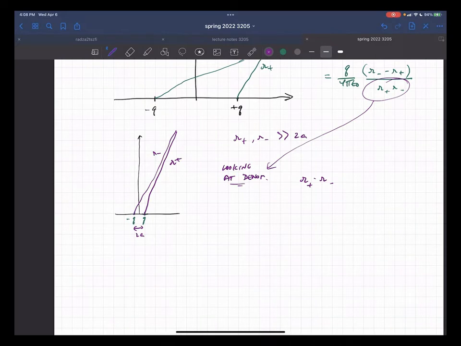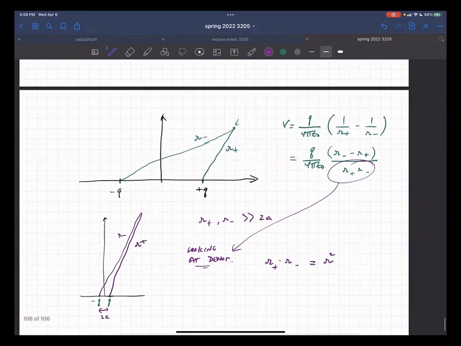So r plus times r minus, again, far away from this dipole pair, would look like r squared if I define r as the distance from the origin. So that would look like r squared times a bunch of other terms, a over r plus a squared over r squared plus dot dot dot.